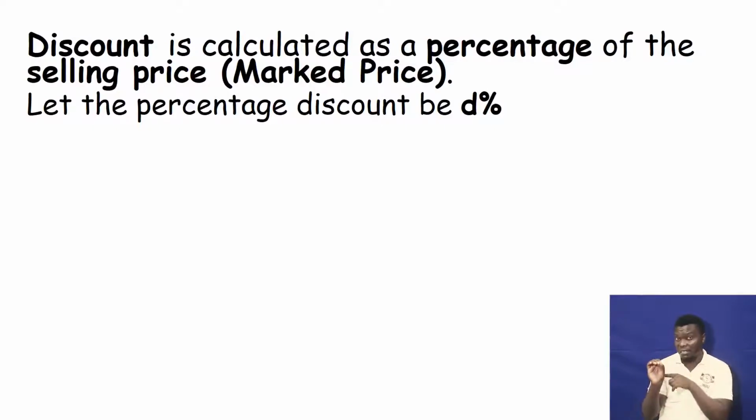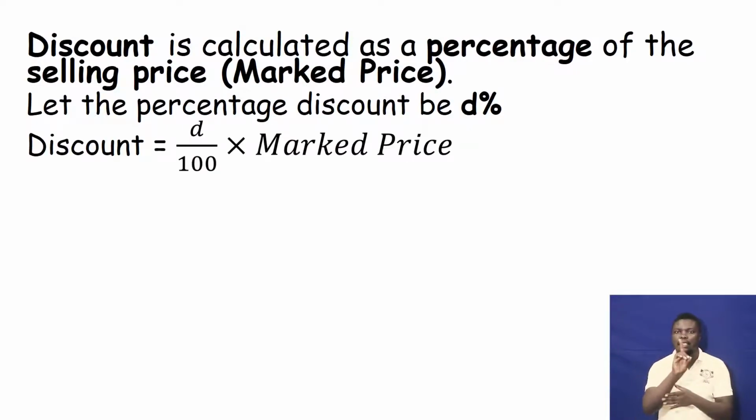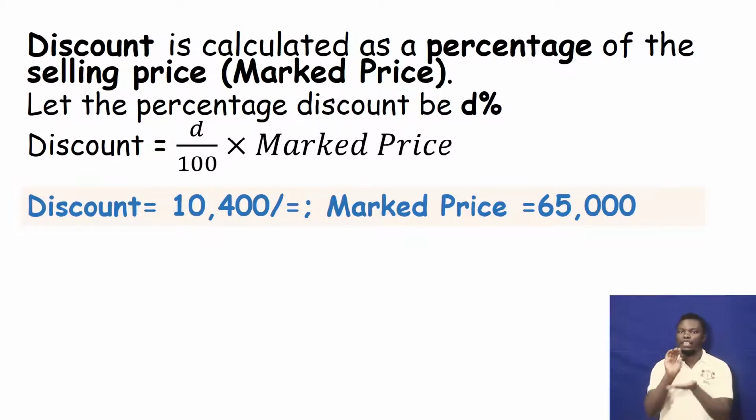If it is D%, then discount is equal to D divided by 100 multiplied by the marked price. We already have the discount, we have the marked price, and that means that we are left with finding D, which is our percentage discount.